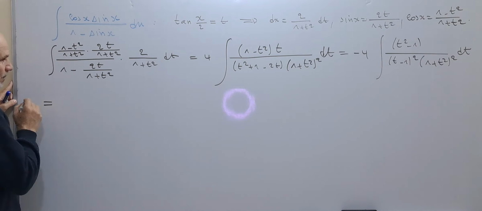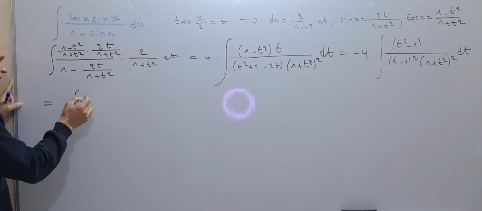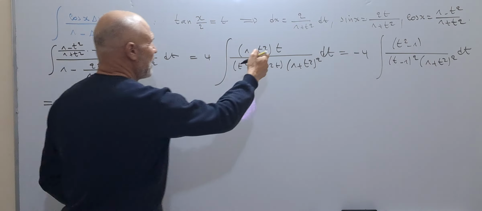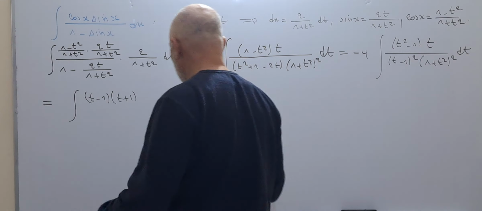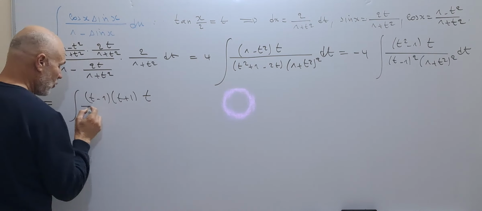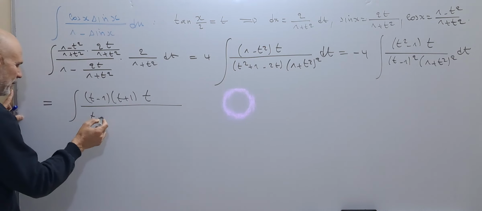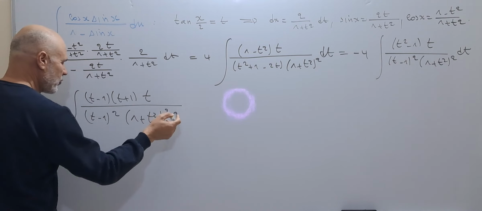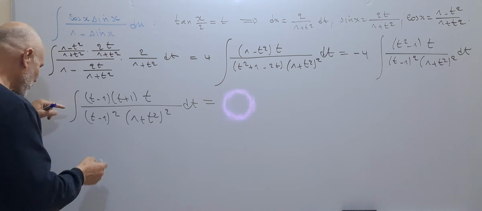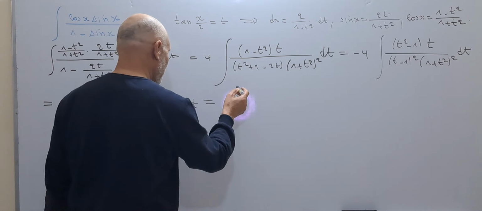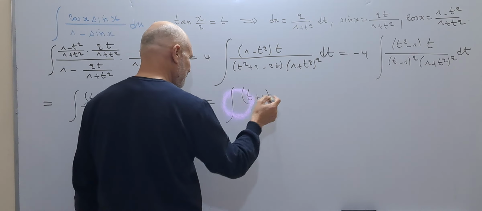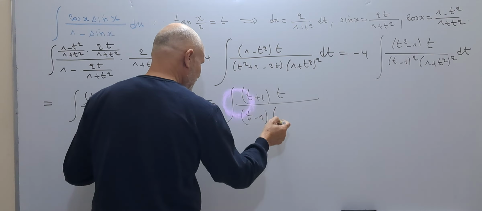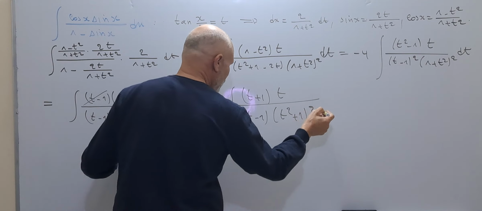Which is equal to t minus 1 times t plus 1, and here we have t, so t times t over t minus 1 square times 1 plus t square dt, which is equal to the integral of t plus 1, t over t minus 1, t square plus 1 square dt.